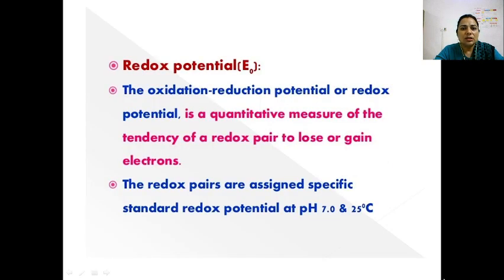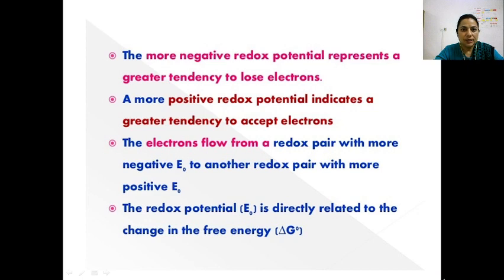The oxidation reduction potential, or redox potential, is the quantitative measure of the tendency of a redox pair to lose or gain electrons. The redox pairs are assigned specific standard redox potentials at pH 7 and at 25 degrees centigrade. A more negative redox potential represents a greater tendency to lose electrons.